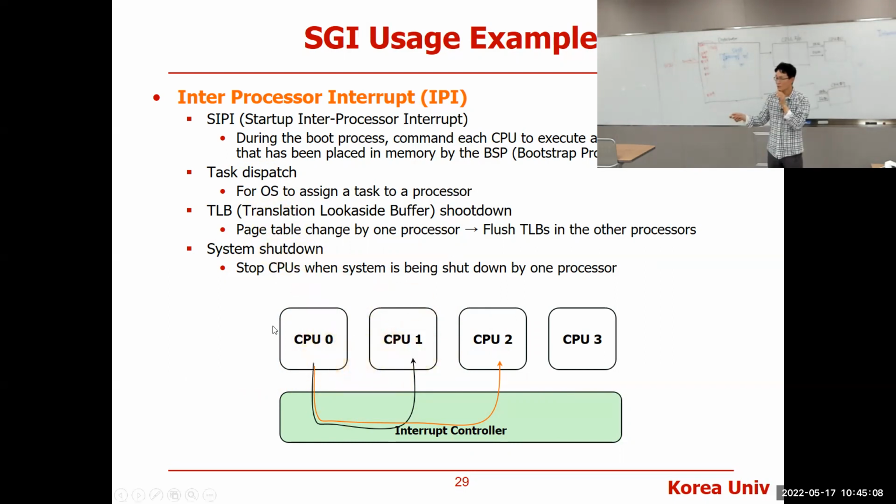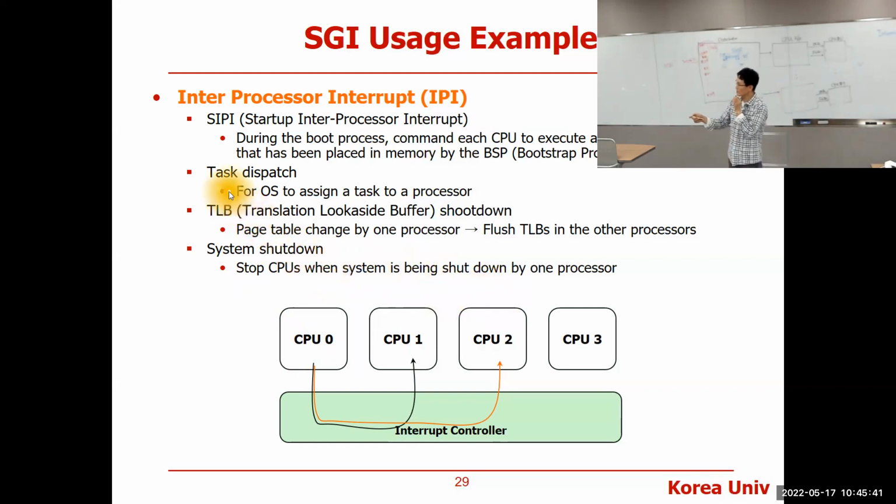Then the operating system sends an interrupt to CPU 1, the task scheduler in the operating system will be invoked, and it will assign the task to CPU 1. So IPI is typically used in the operating system for task dispatch, assigning some task to CPU 1, CPU 2, or CPU 3.